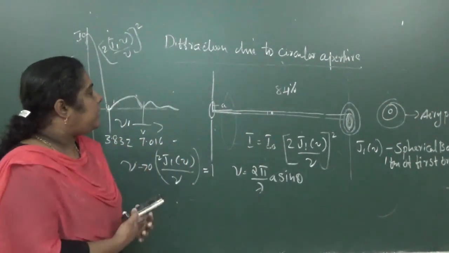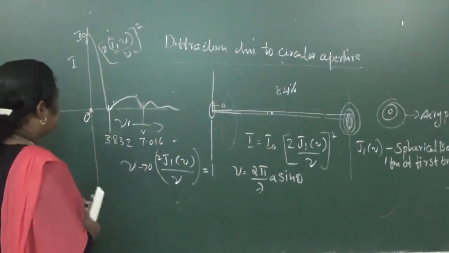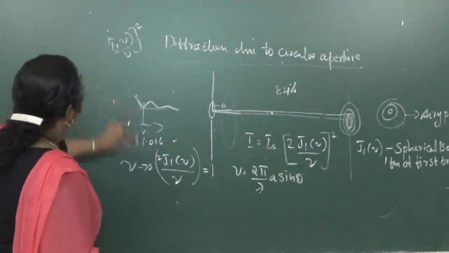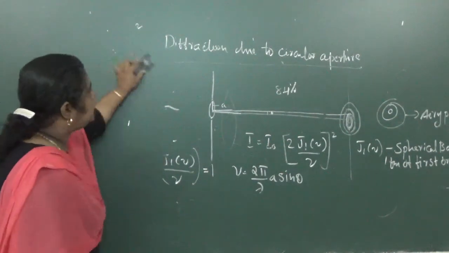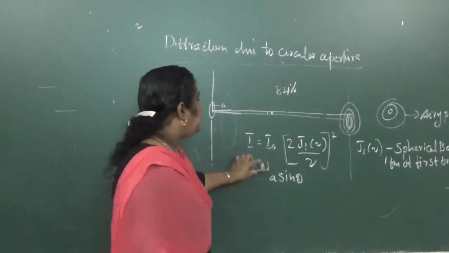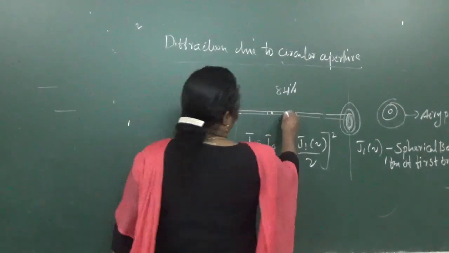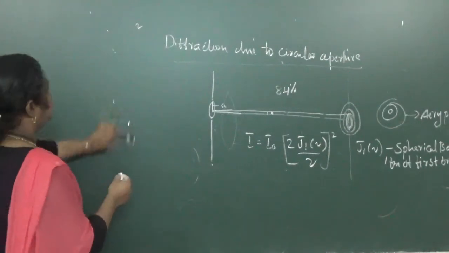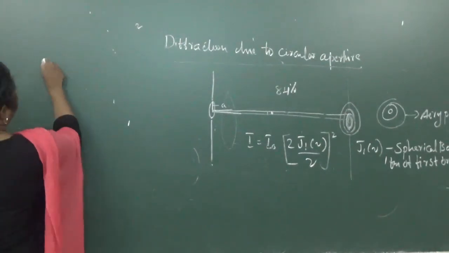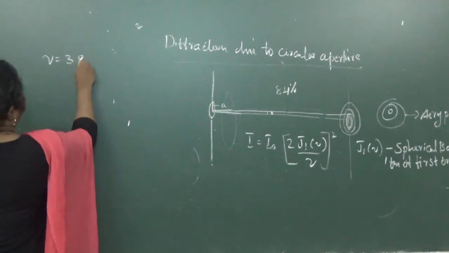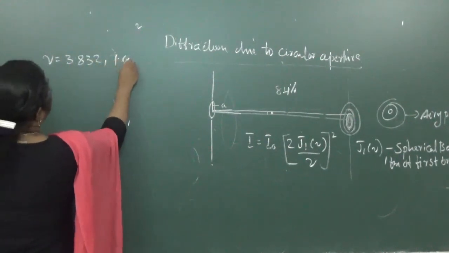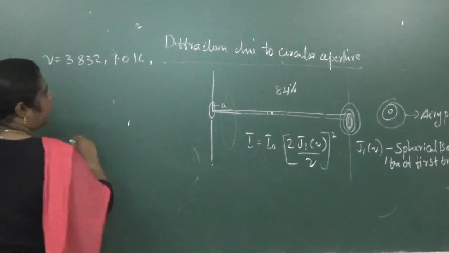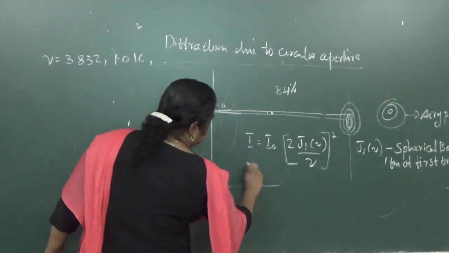So the next question is, where will we get the first dark ring? What is theta corresponding to the first darkening? That is very easy to find out. When nu is equal to 3.832 and 7.016, etc., you have minimum intensity, right?